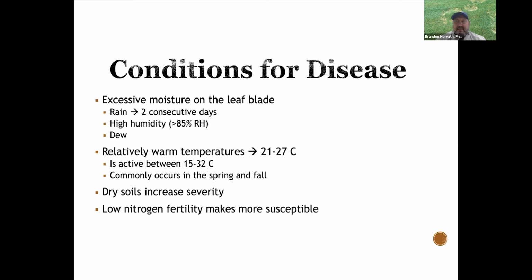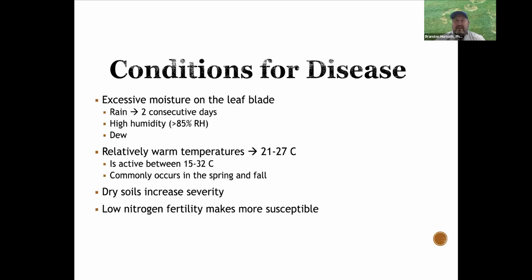We typically see it as flushes of disease in the spring and then in the fall. Low soil moisture tends to increase the severity of the disease, as does low fertility. Low fertility can dramatically increase disease.